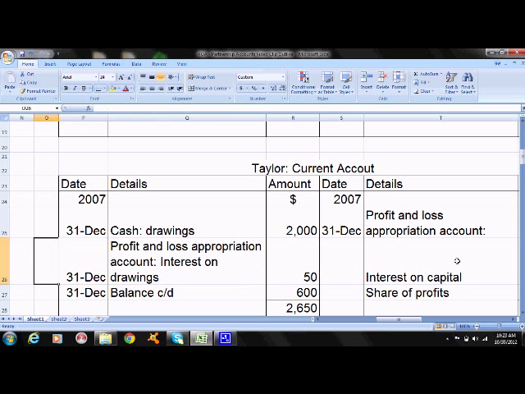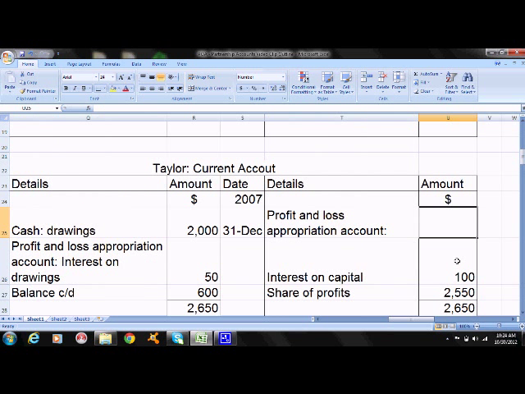However, we credit the interest and drawings in the appropriation account. You remember that? Alright. So we debit the current account with interest and drawings from the profit and loss appropriation account, and then we go to the other side now.